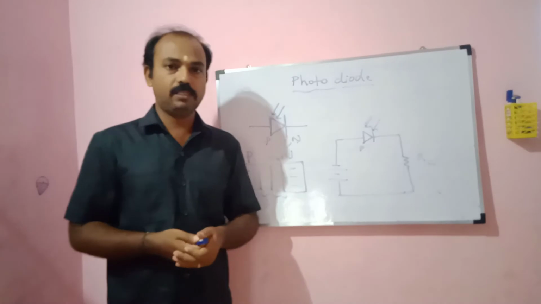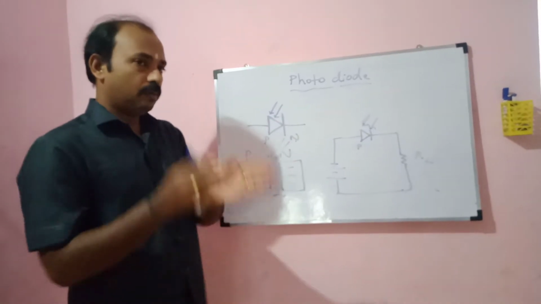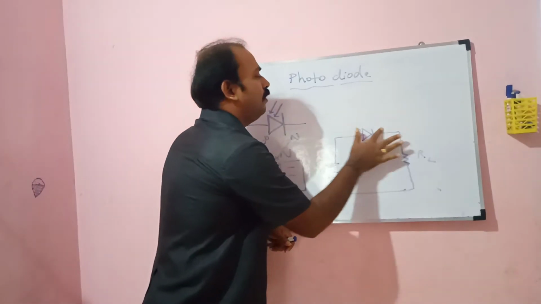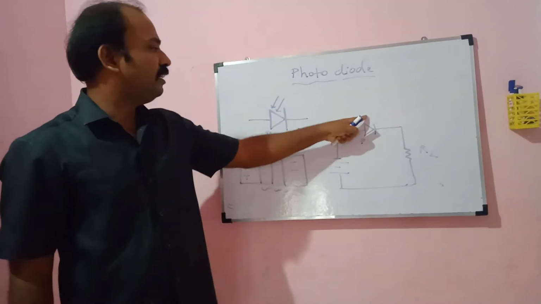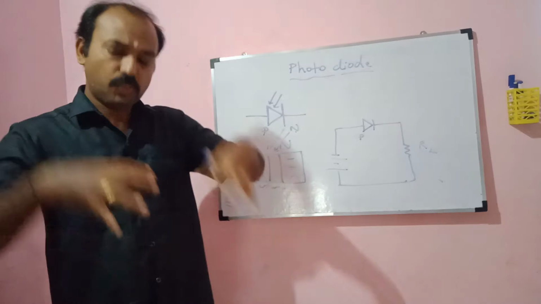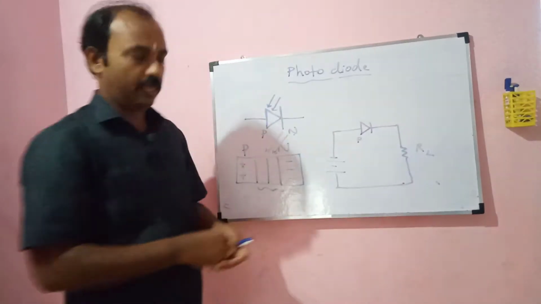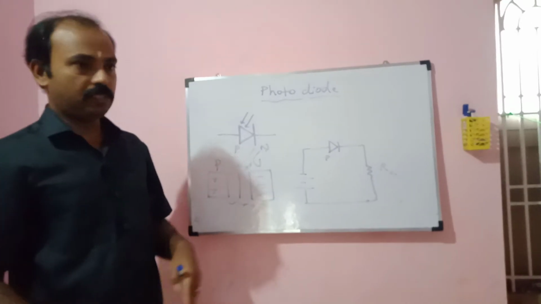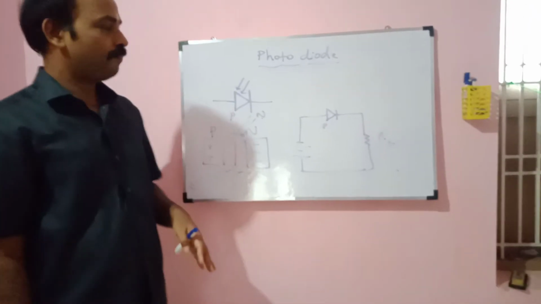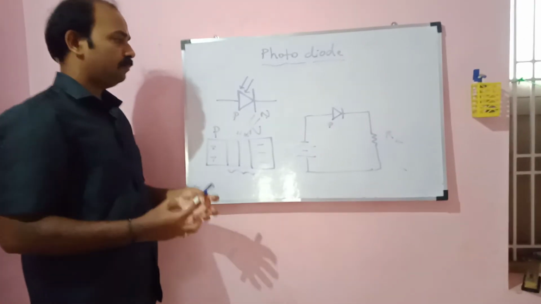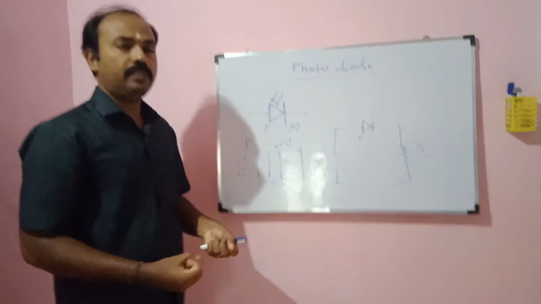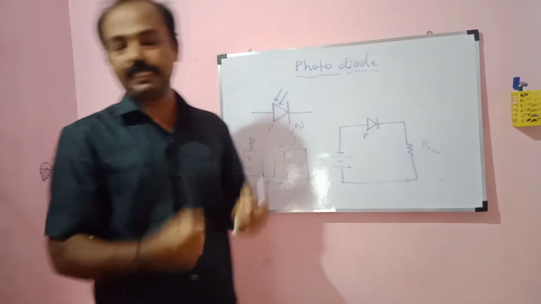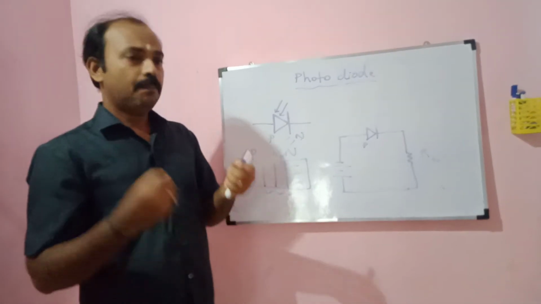Then we move to the working procedure of this photodiode. How does the photodiode work? Number one, without any light falling on this photodiode, nothing will be produced. That means no current will be produced, because for the working of a diode we definitely need some biasing, which is nothing but a proper power supply.